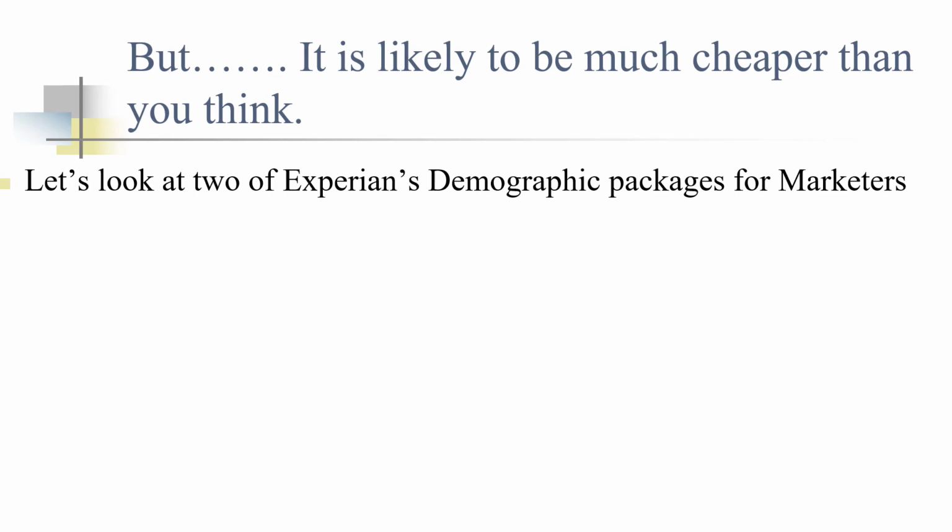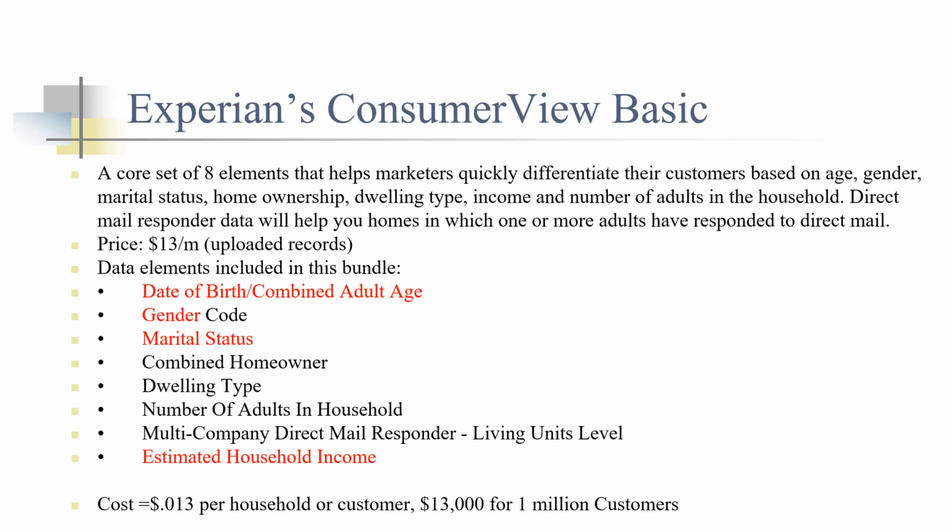I want to just show you a quick look at two of Experian's, one of the big data warehousers, demographic packages for marketers. Their first package is called Consumer View Basic. This is a core set of 8 elements that help marketers quickly differentiate their customers based on age, gender, marital status, home ownership, dwelling type, income, number of adults in the household.